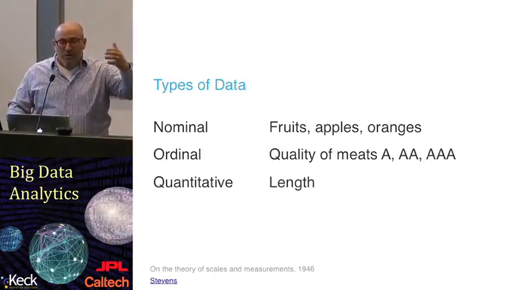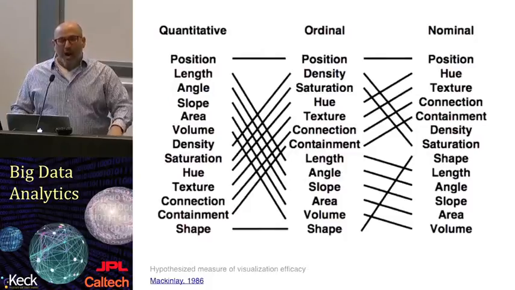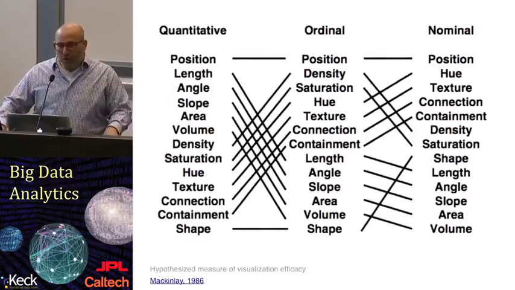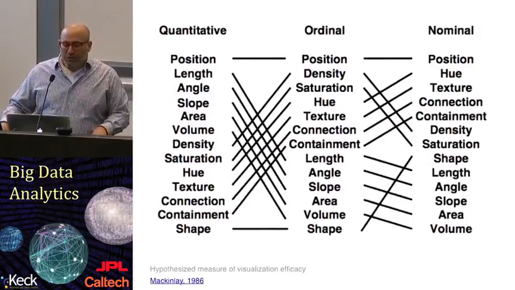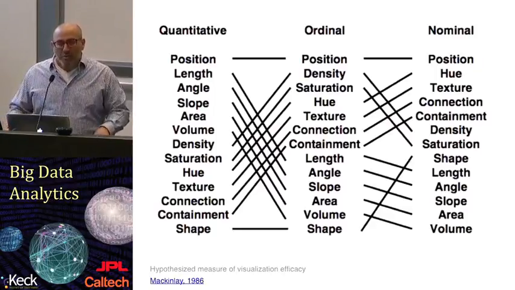So let's think about if we have data that have certain types, that if we want to map those particular values to the way that the human mind perceives, you'll see that quantitative values, ordinal values, and nominal values all map best to position.